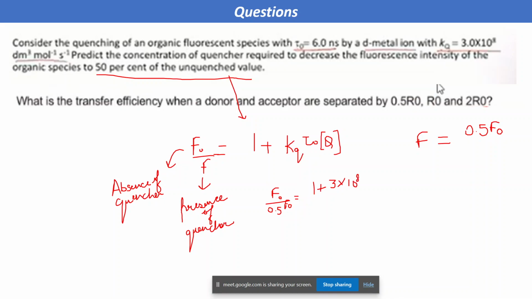And lifetime is given, it's 6 nanoseconds. Nanoseconds is converted, it's 10 to the minus 9 seconds. And the concentration of quencher you have to calculate. So what will be the answer after solving it?